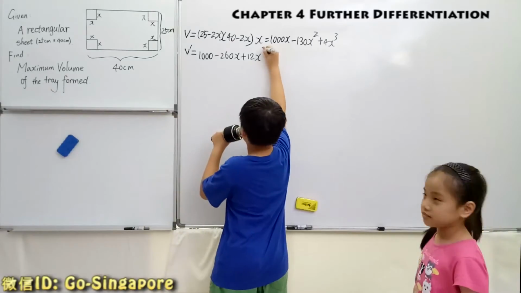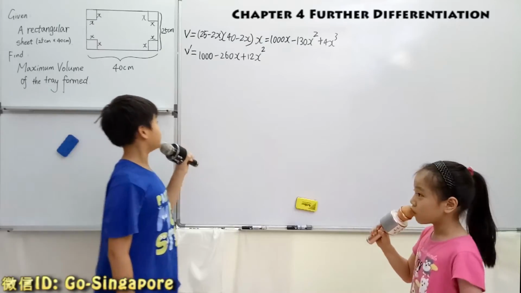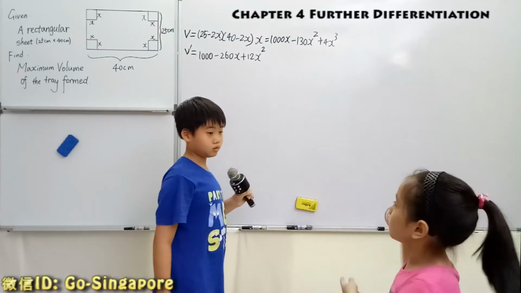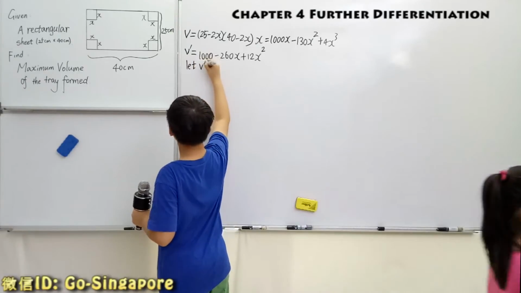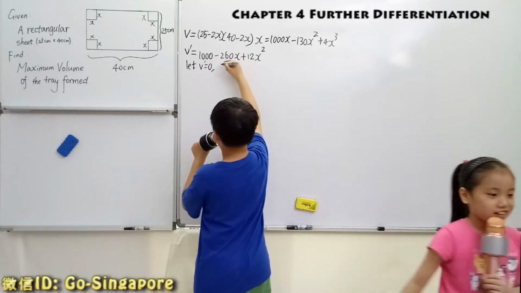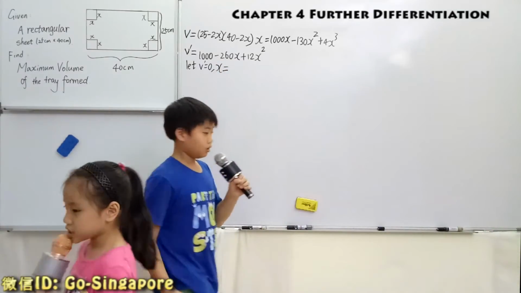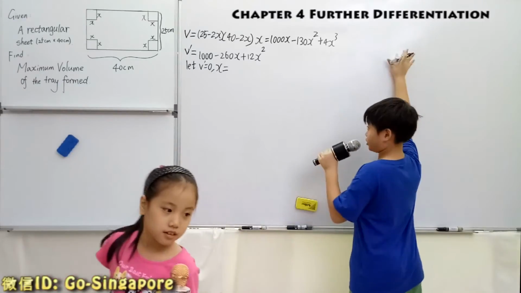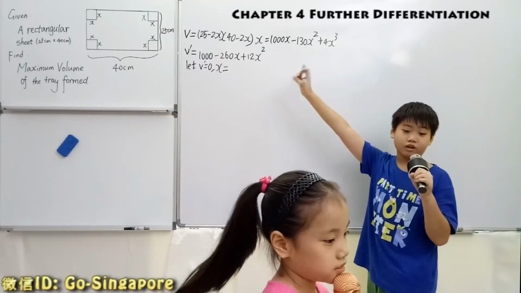Okay, yes, correct. So for this, now we'll let the first derivative be 0 and find x, right? Let me just work it out here. First we can put a 4 in front.